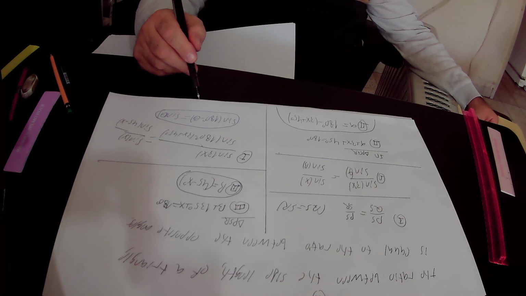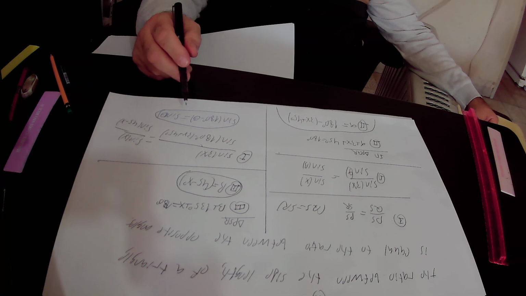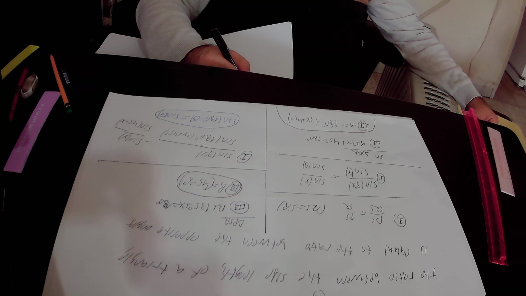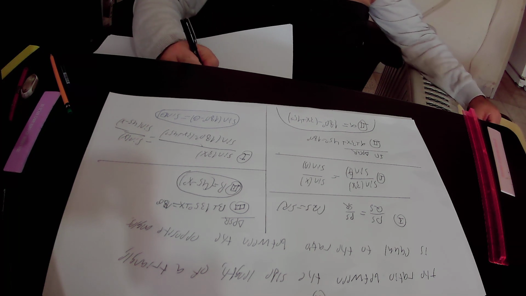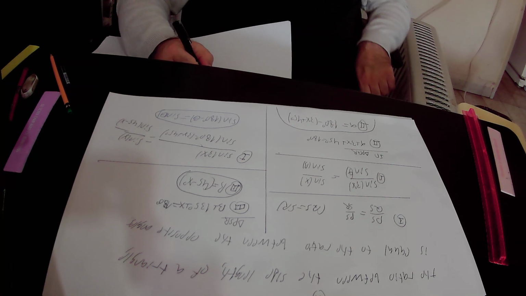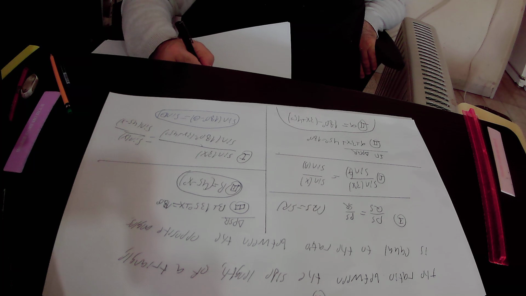According to this trigonometric identity, it equals sine 3x plus 45 degrees, so I write it down. And it equals sine x over sine 45 degrees minus x.